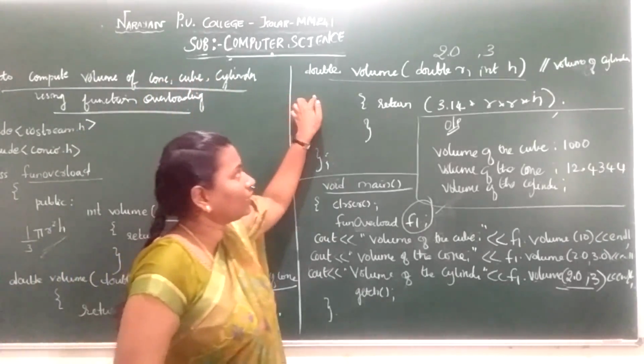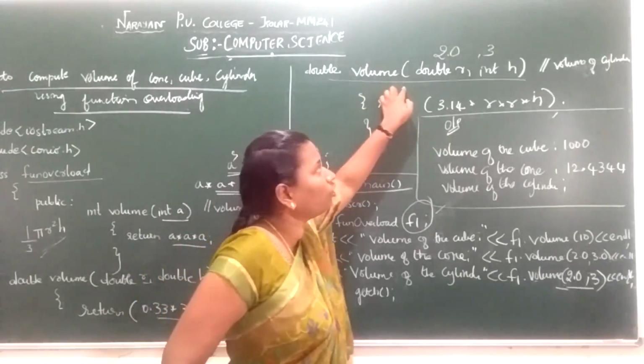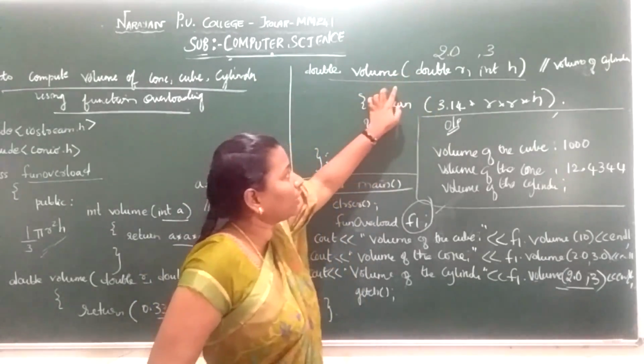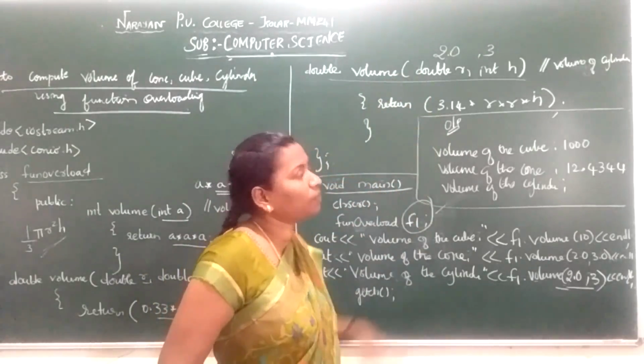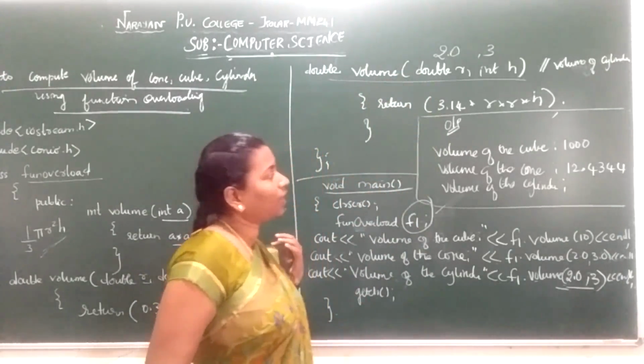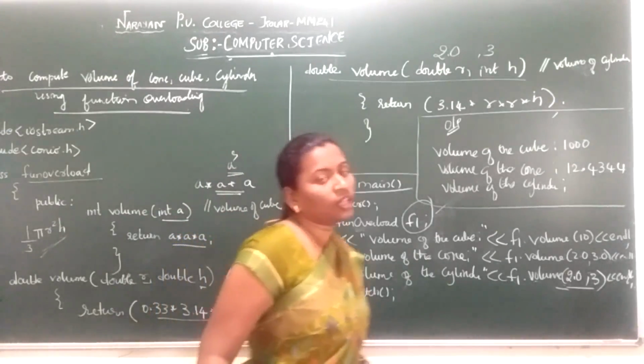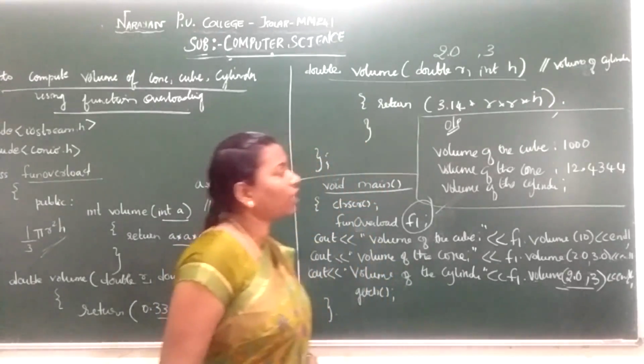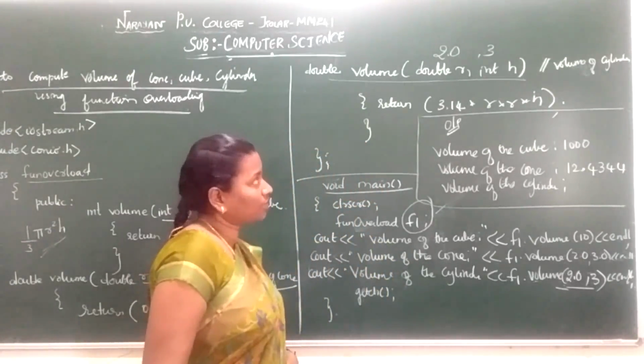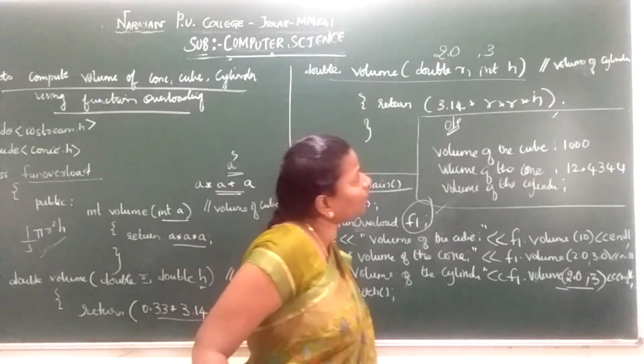Now last but not least, we are going to calculate the volume of the cylinder. The formula is pi r square h. So what is your pi value? 3.14 into r square. What is my r value? The r value is 2, that is a double value. The data type of r is double. Next we have height.